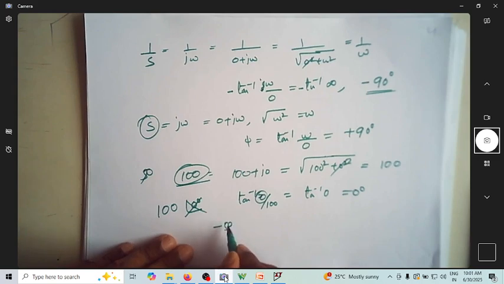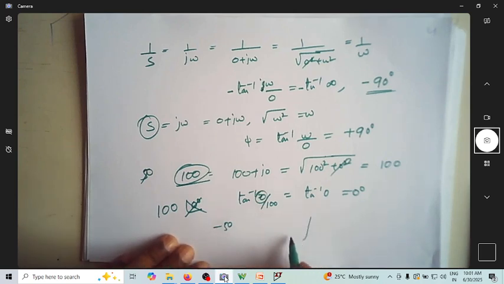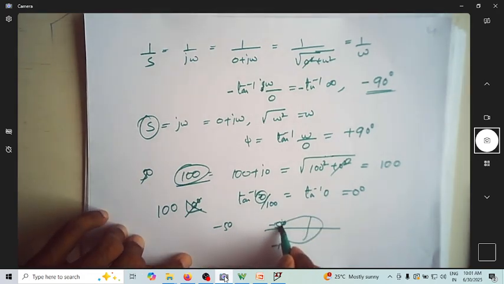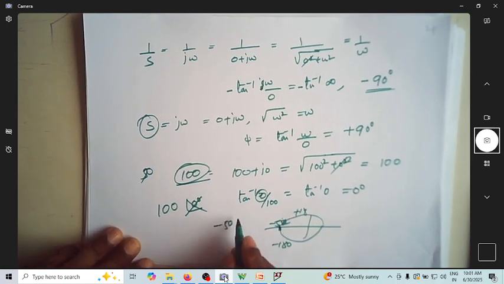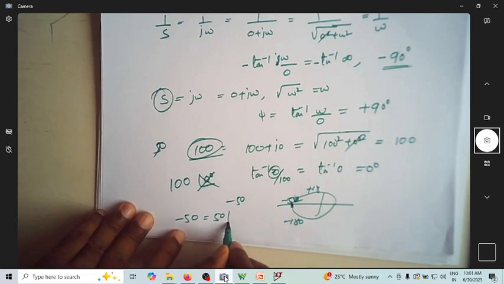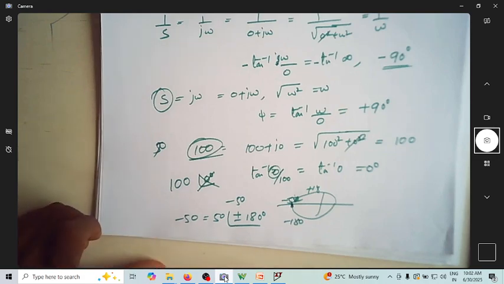Suppose you have minus 50 as a term. Then what is the magnitude? Because you are locating minus 50 here, the magnitude is 50. Then it is going to have a phase of minus 180 degrees, or it can be plus 180 degrees. That's why minus 50 can be written as 50 at an angle of plus or minus 180 degrees.